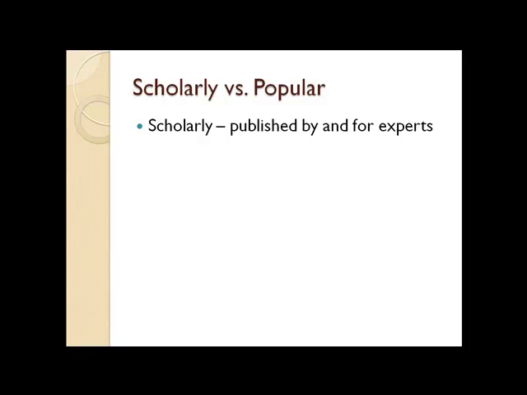Next, you want to look at whether something is a scholarly or popular resource. Scholarly resources are published by and for experts. They're peer-reviewed, so if you've written an article about heart monitors, other doctors and researchers and builders of heart monitors are going to read that article and offer their opinions on it before it gets published. They usually contain new and previously unpublished research.